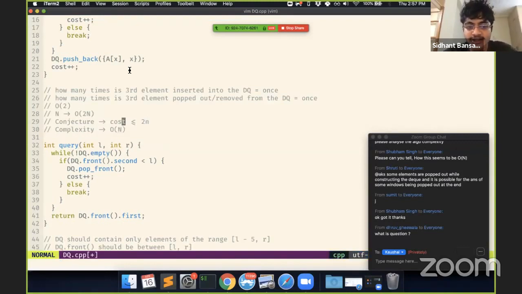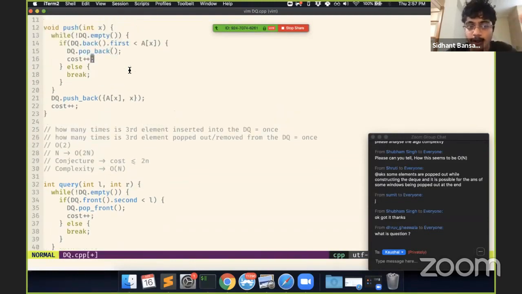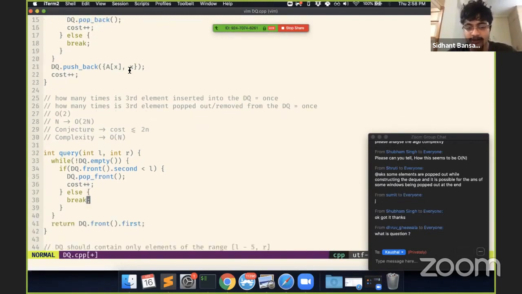Whenever I'm incrementing the cost, I'm actually trying to denote an iteration or a step in our algorithm. Here we had a cost plus plus because this while loop ran once. Whenever the while loop runs, this cost plus plus gets incremented, and when it gets broken, obviously we don't want to increment the cost anymore. Here also I'm incrementing the cost because there's a pushback. Here also because there is a while loop and we are constantly popping out elements. So how many times will the cost be incremented?